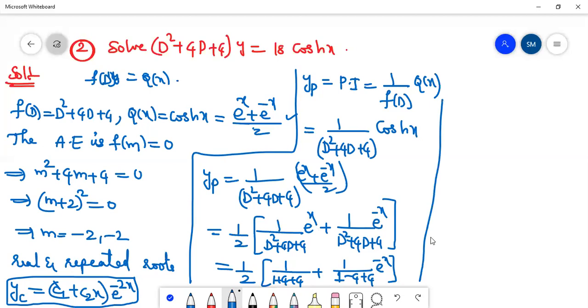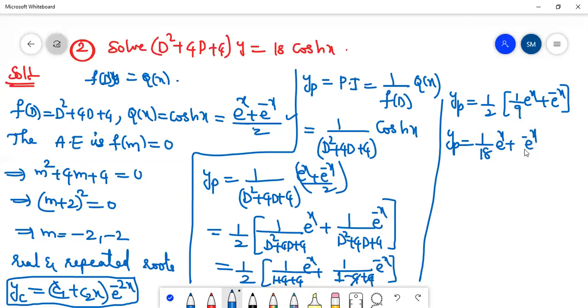Then yp equal to 1 by 2 into 1 by 9 e power x, plus 4 minus 4 cancel, plus e power minus x. Multiplying with 2, yp equal to 1 by 18 e power x plus e power minus x by 2.